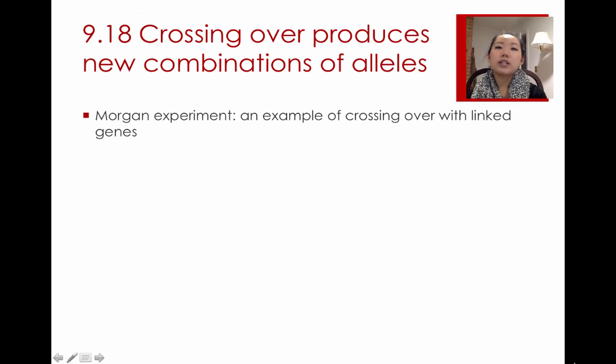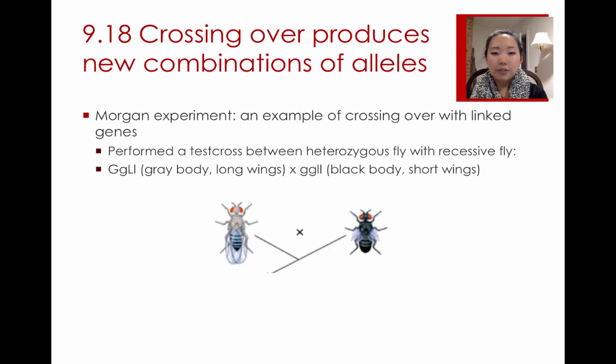So there was someone who did an experiment with flies that showed how crossing over and linked genes look in real life. This person did a test cross between a heterozygous fly and a recessive fly. So this fly right here is heterozygous. It exhibits the dominant traits for gray body and long wings. And it was crossed by a homozygous recessive, so it's black and short wings.